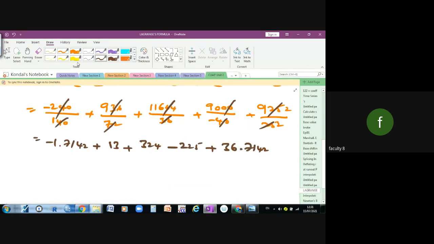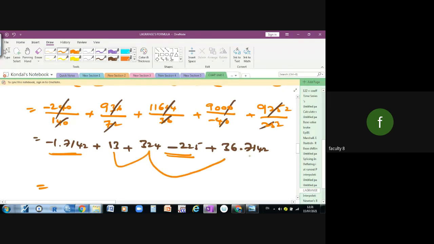So here you have to identify what are the plus values and minus values. See, here this is the only minus value. So the remaining 3 are positive values.